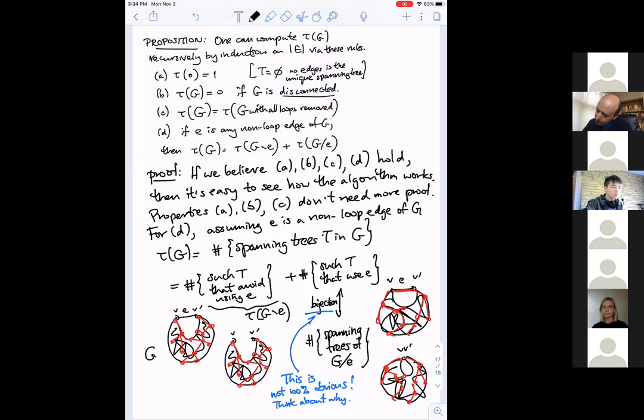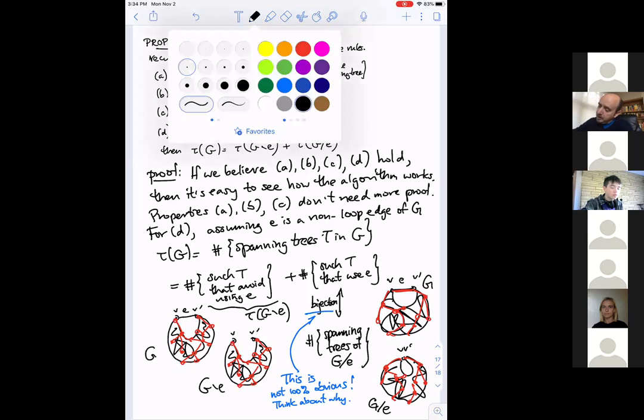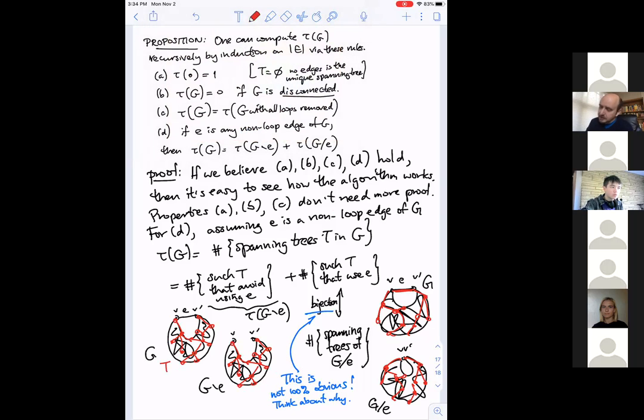This was my G, this was my G delete E, this is my G, and this is my G contract on E. Those red things, like this was a T that didn't use E, and this is T with E, well, T still didn't use E, so it's the same T. In this one, it's a T that did use E. What I'm saying is you take T and you contract on the E. But going backwards, if you start with your spanning tree here, you should think about uncontracting on the E to get the spanning tree there.